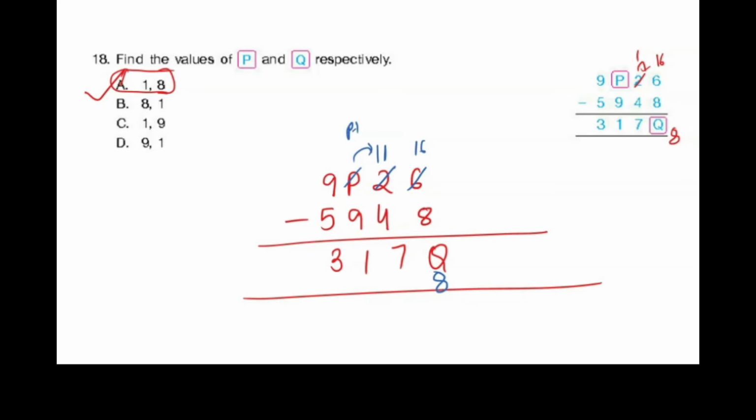So after subtracting, it is showing 1. That means it needs to be 0. This time it is 0. Then earlier it will be 1. So 10 minus 9 is 1. So it is 1, 8. That means option A is the correct option.